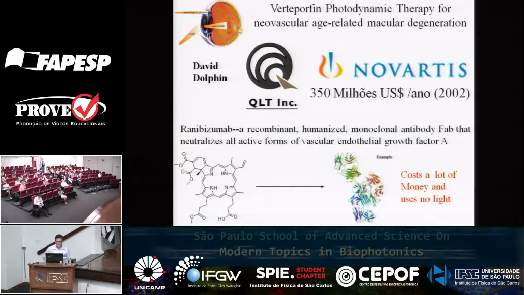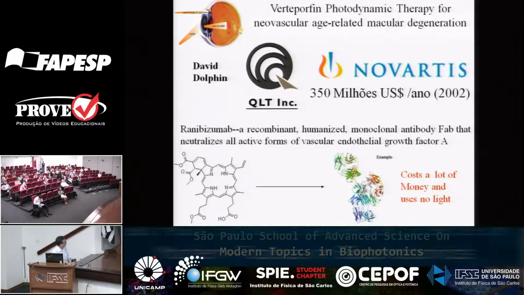And so this is perhaps, I'm sure, the most important success in terms of commercial application of photodynamic therapy. This is the application of a drug that was synthesized by a scientist, David Dolphin.